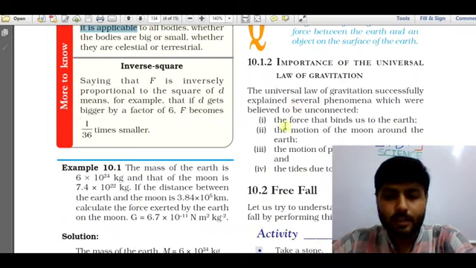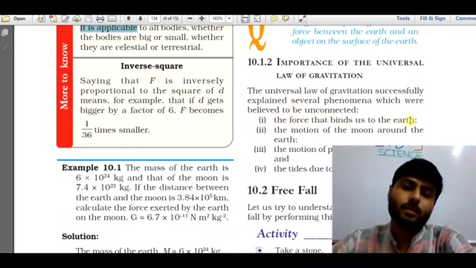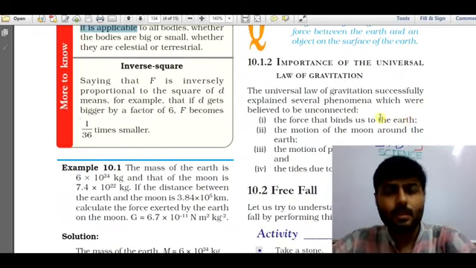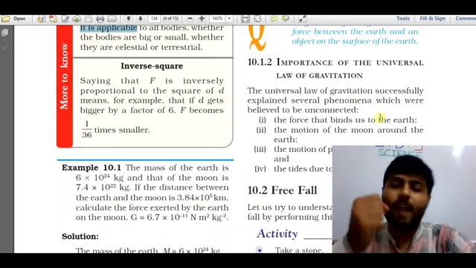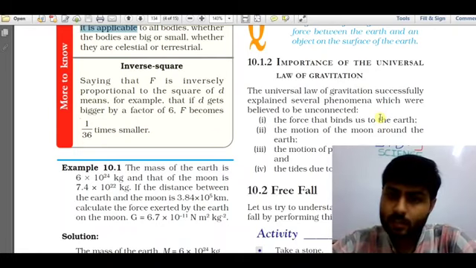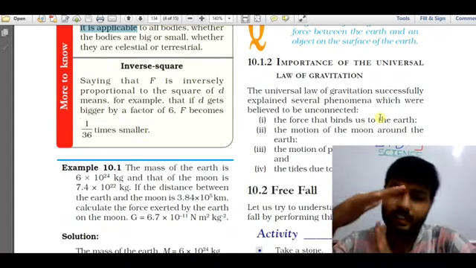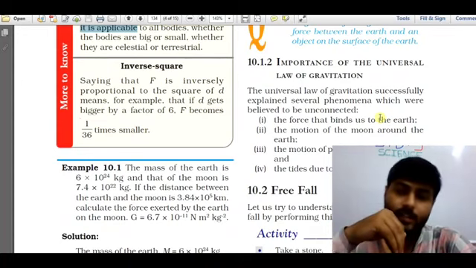We have the first point, the force that binds us to earth. Before that, the question is why we are standing on this earth, why everything on this earth is attached to earth's surface.